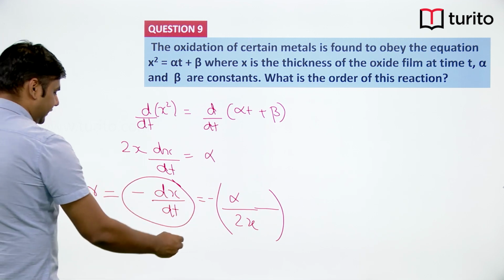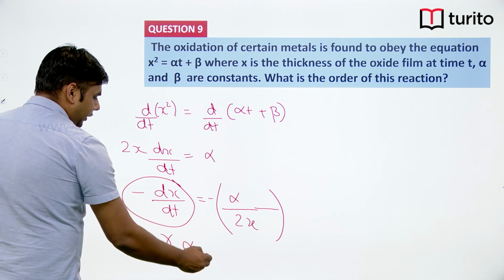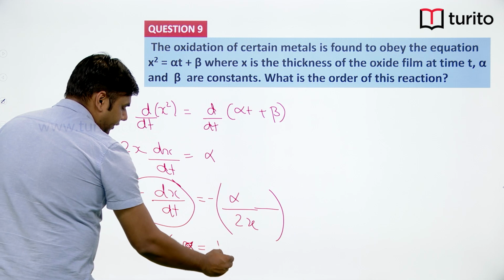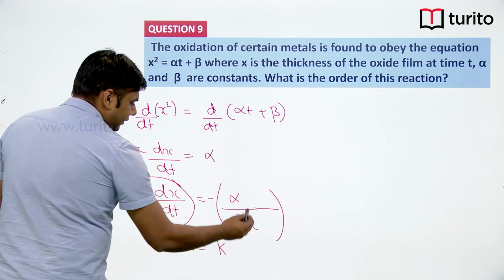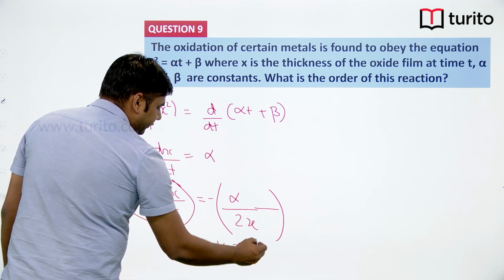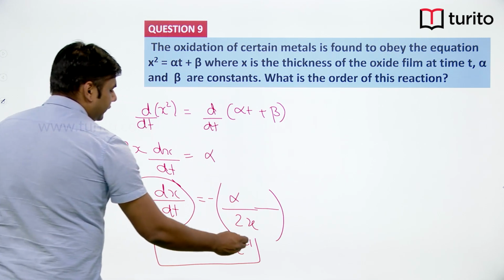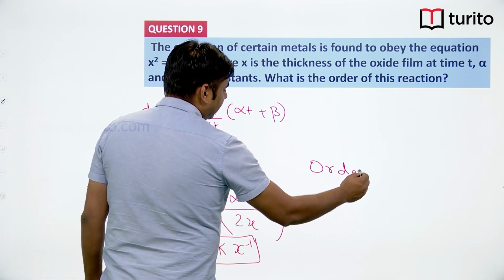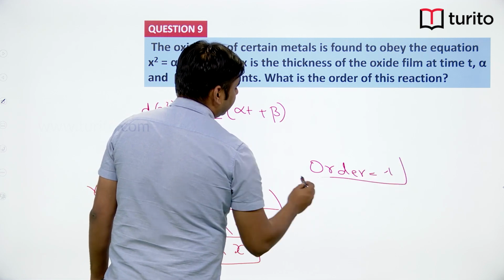Rate is proportional to x raised to power minus 1, with alpha over 2 as a constant k. So you can clearly say that the order with respect to the thickness of the oxide is minus 1.